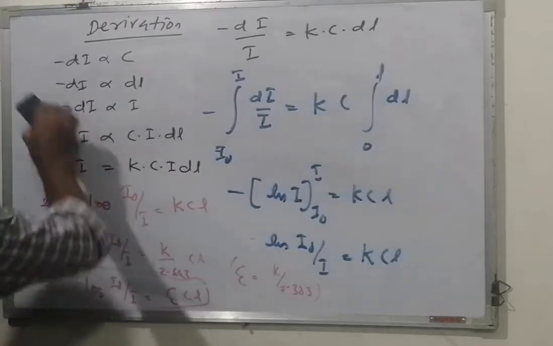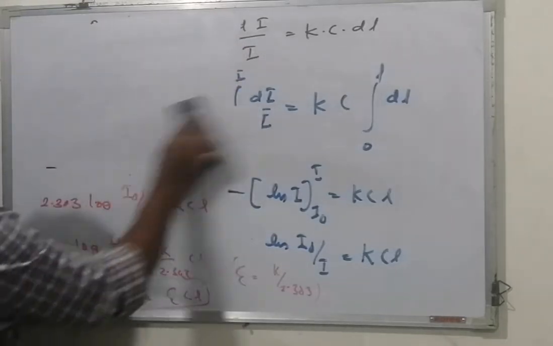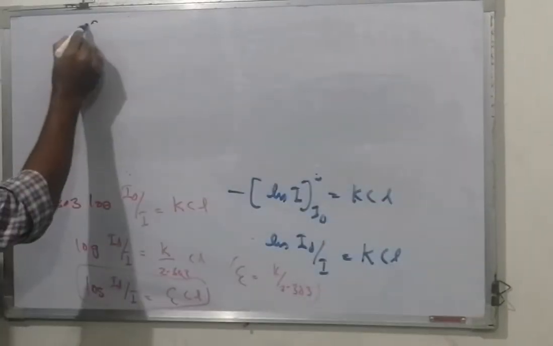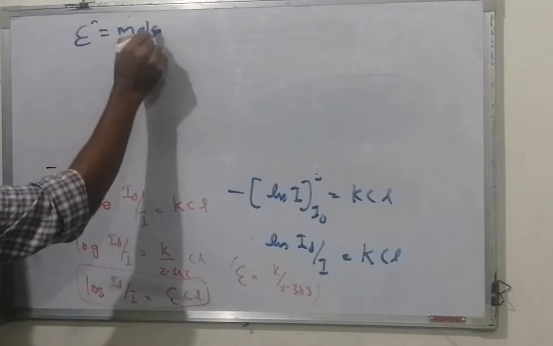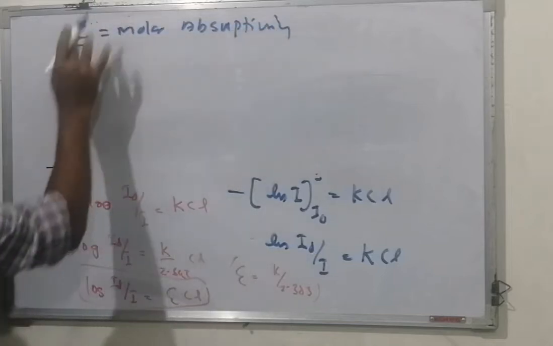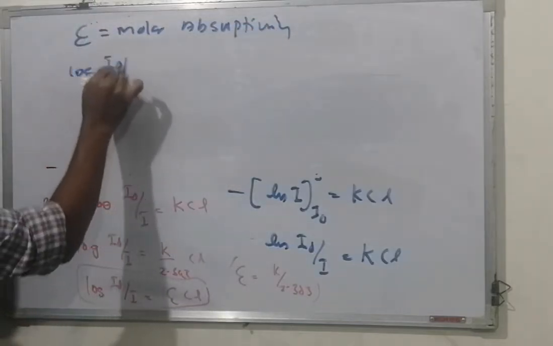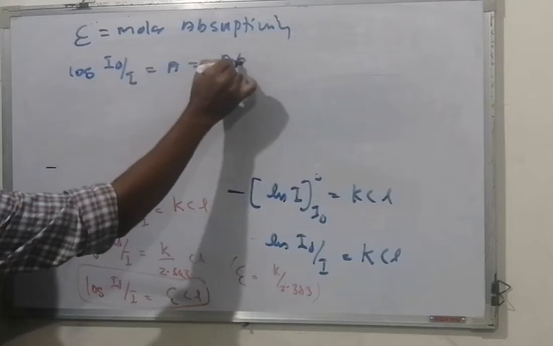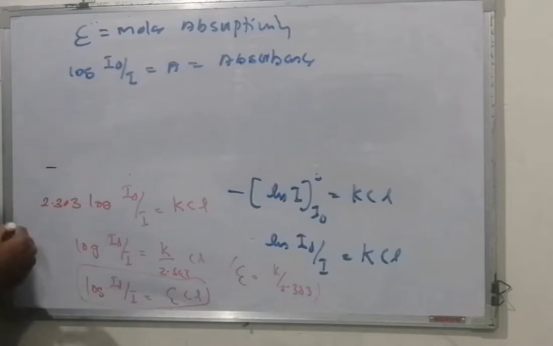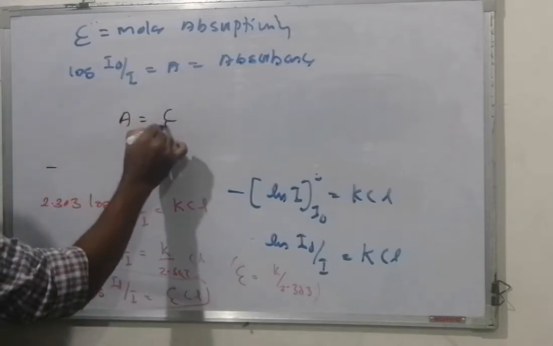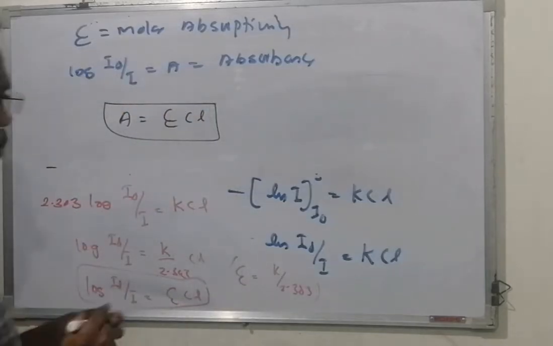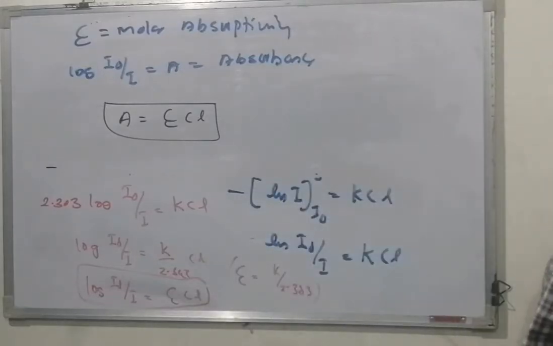What is epsilon? Molar absorptivity, or absorption coefficient. Log I0 by I is called A, or absorbance. Therefore, this is the Beer-Lambert's law. Absorbance is equal to epsilon c l. Okay, this is what we call the Beer-Lambert's law.